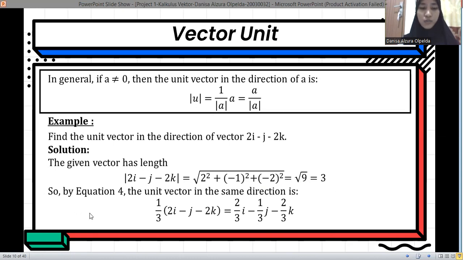So, by equation 4, the unit vector in the same direction is 1 per 3 times 2i minus j minus 2k, is equal to 2 per 3 i minus 1 per 3 j minus 2 per 3 k.